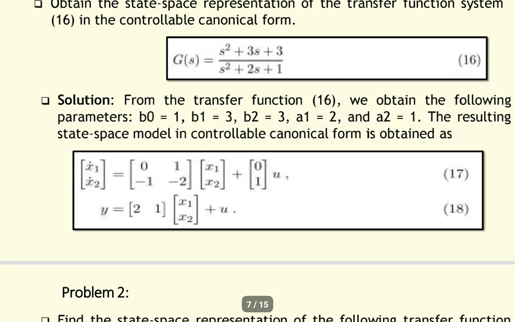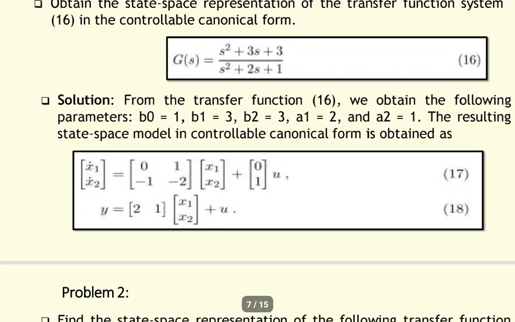At first we will write what my b0 value is. b0 is 1, because the numerator is b0 s^n plus b1 s^(n-1) plus b2 s^(n-2) in such a way. So the numerator coefficient of s square is 1, the coefficient of s to the power 1, b1, is 3, and the coefficient of s to the power 0, b2, is 3.